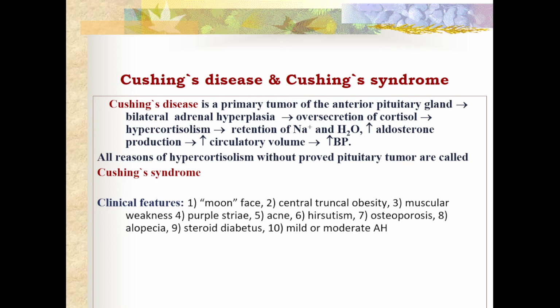The main clinical manifestations of Cushing disease and Cushing syndrome: moon face, central obesity, muscular weakness, purple stria, acne, hirsutism, osteoporosis, alopecia, steroid diabetes, and all signs and symptoms associated with mild or moderate arterial hypertension.